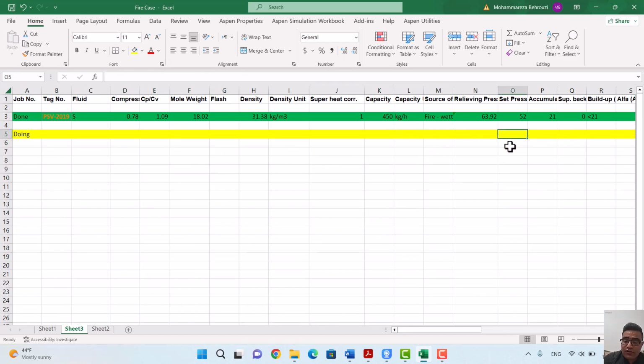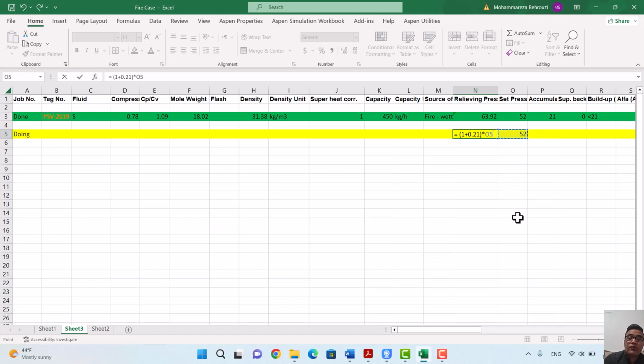So the set pressure is 52 bar gauge. And how can I calculate relief pressure from set pressure? It is calculated in this way: 1 plus the accumulation percentage, multiplied by the set pressure, then plus 1 to convert it to atmosphere, to convert to absolute pressure.